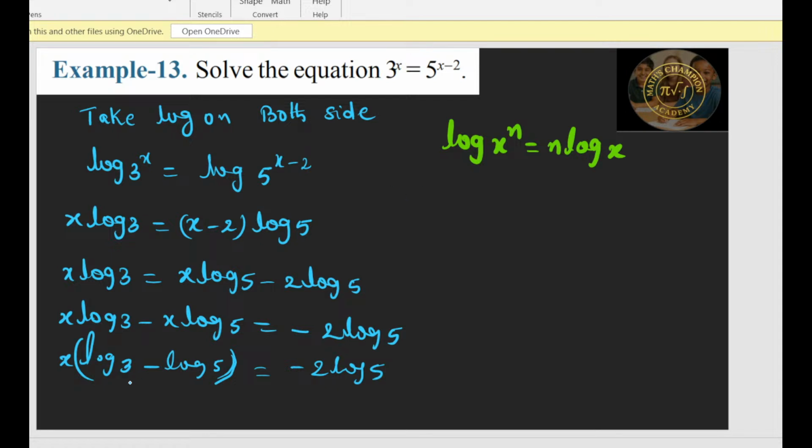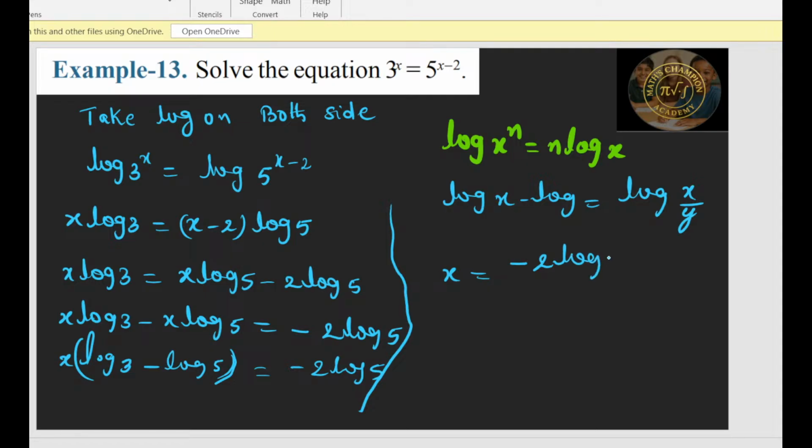In the next step, we already know the formula log x minus log y, we can write log x by y. Now we write x is equal to minus 2 log 5 by log 3 by 5.